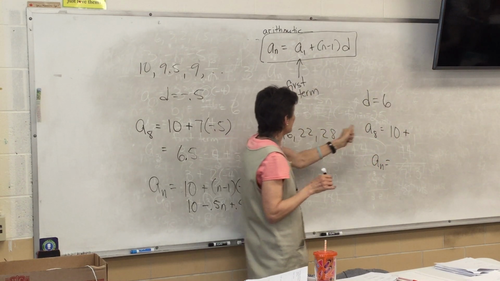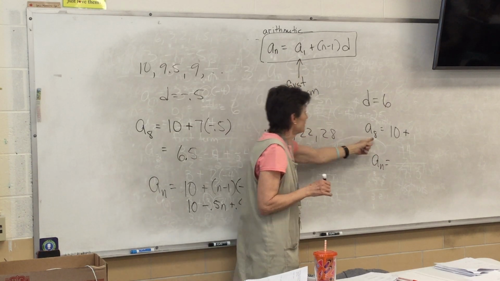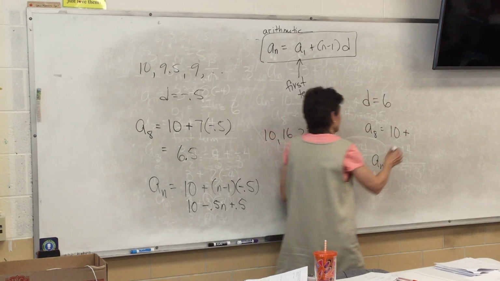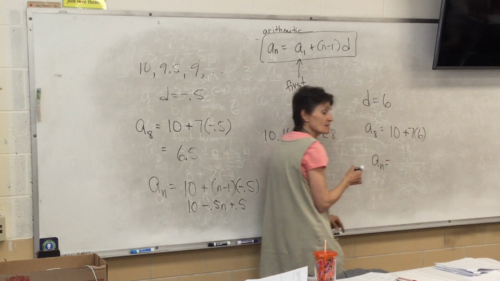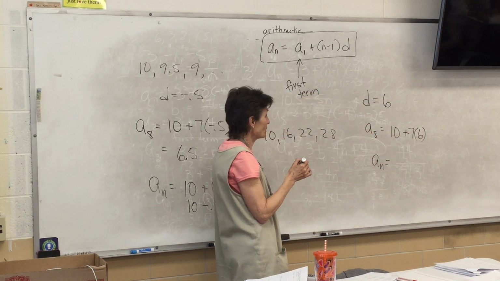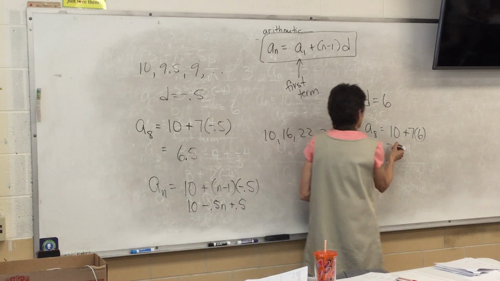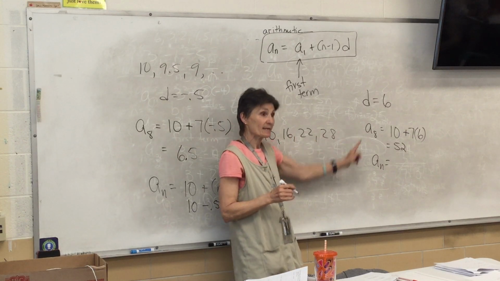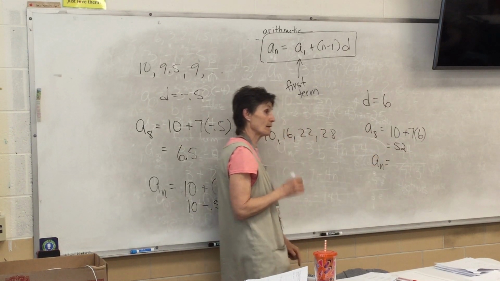Well, if n is 8, then what's n minus 1? 7. And you already told me my common difference was 6. So what's our answer? 52. Yep. If you kept adding 6, adding 6, adding 6, you'd get to 52 when you got to the 8th number.